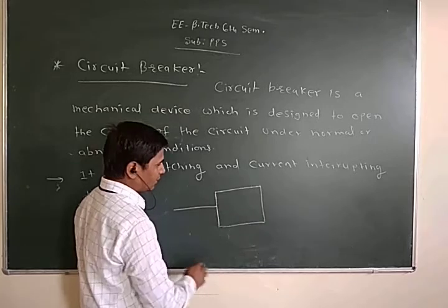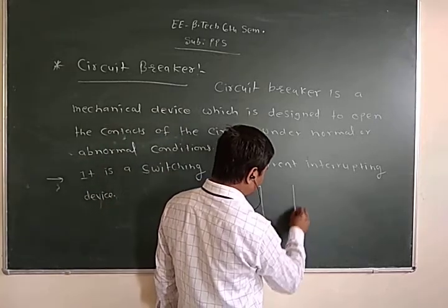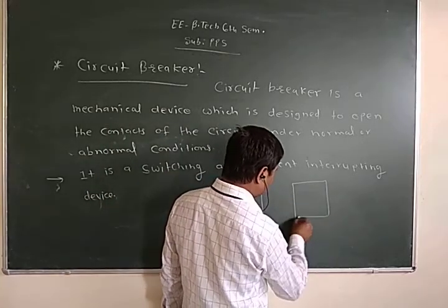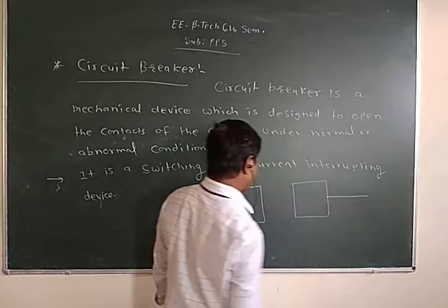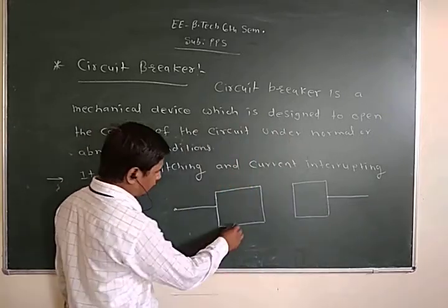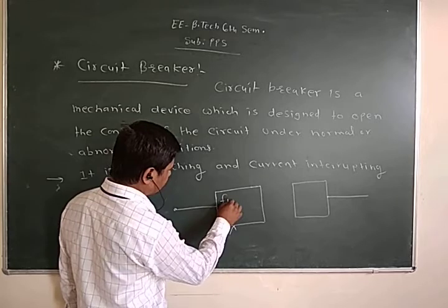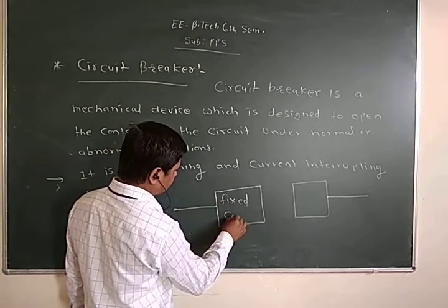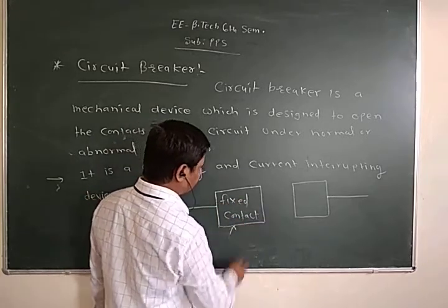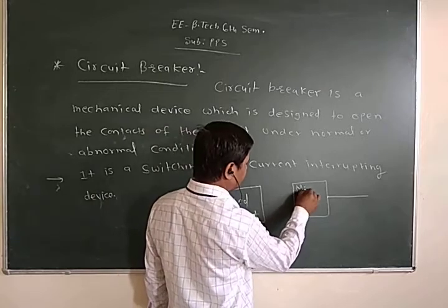A circuit breaker consists of two contacts. One is the fixed contact and the second is the moving contact.